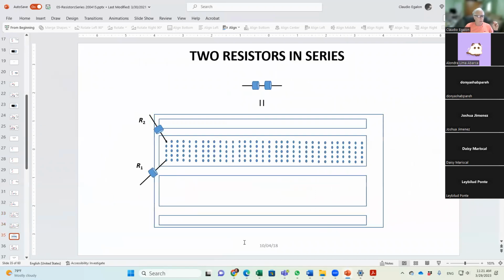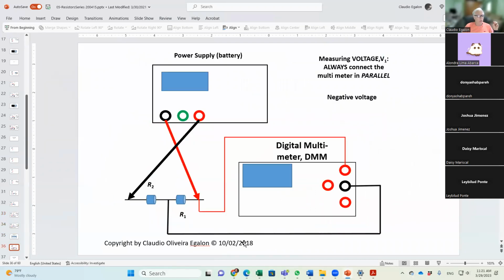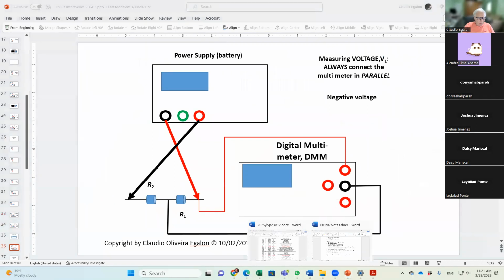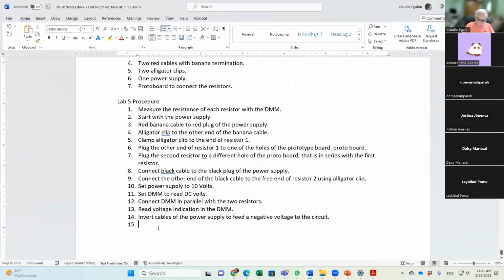Here you go. Two resistors in series, and then you invert, right? Invert here the cables from the power supply. Okay, so measure V1, the voltage across the second resistor.